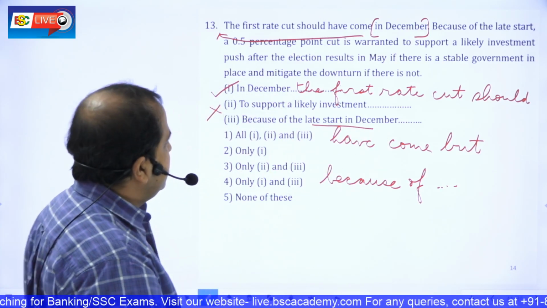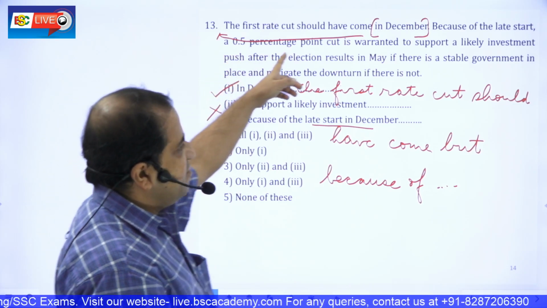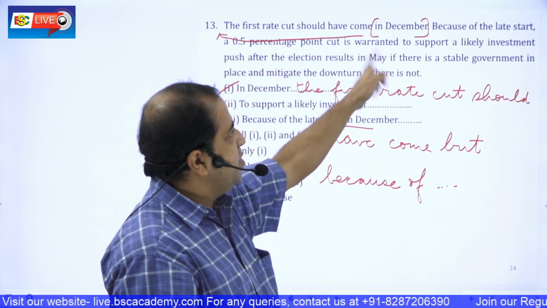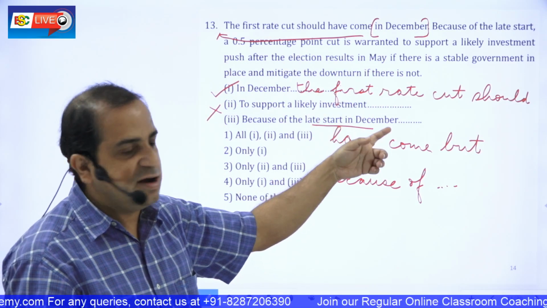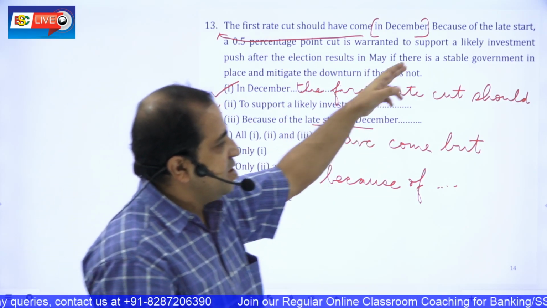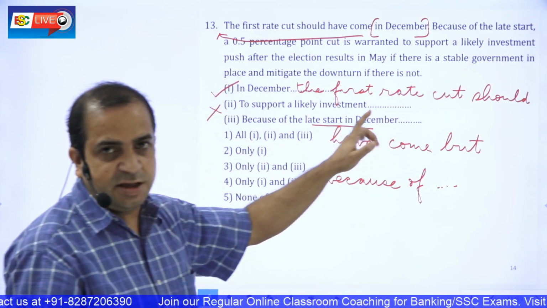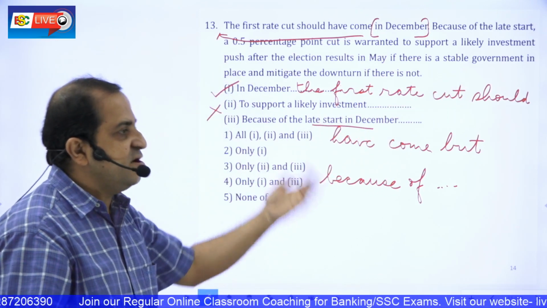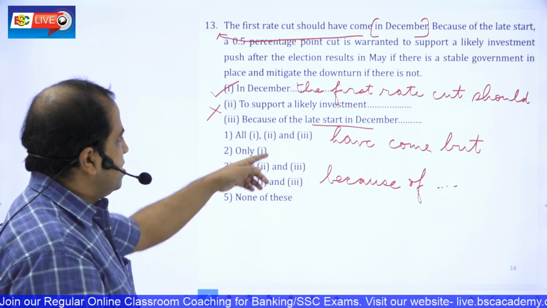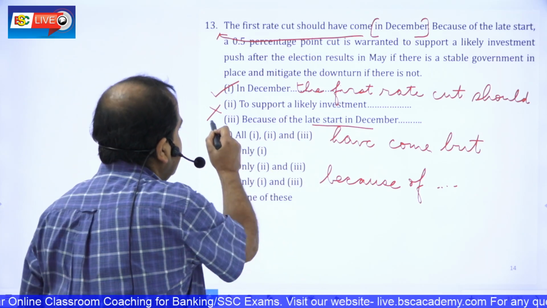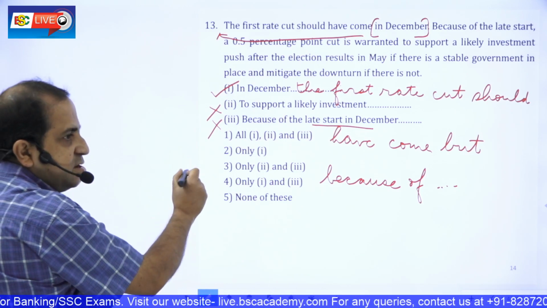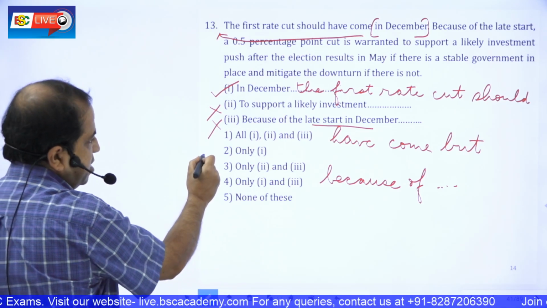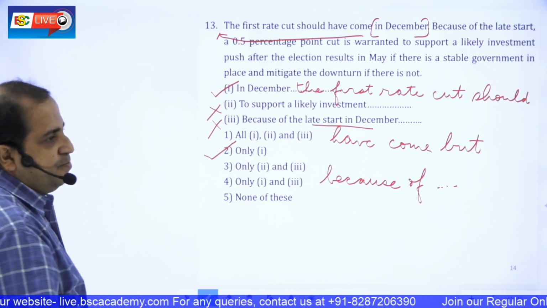Late start in December, no. This is the first rate cut should have come in December, but it has not come. So it has not started in December. It has started because of the late start. So late start means it has started sometime after December. So this, because of the late start in December, is logically incorrect. So our answer will be what? 13 ka question number, 13 ka answer choice is 2.